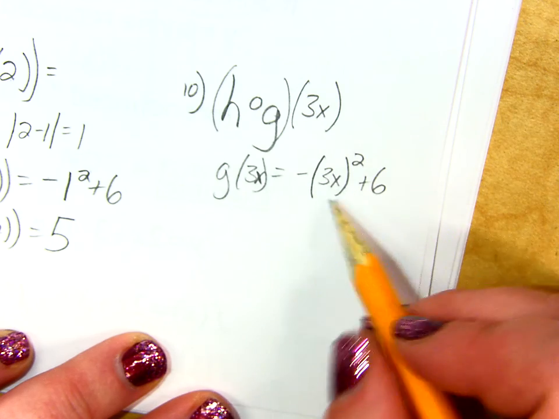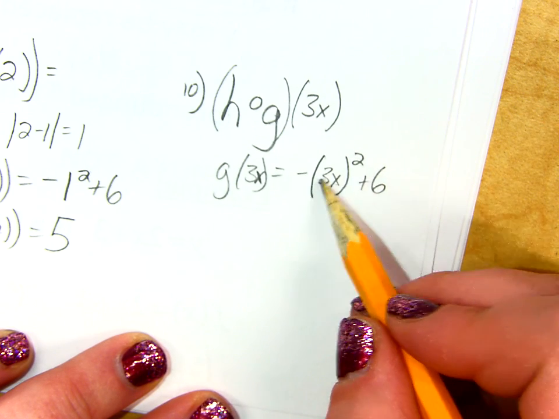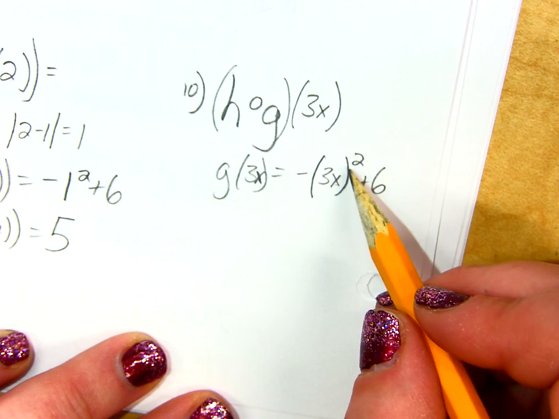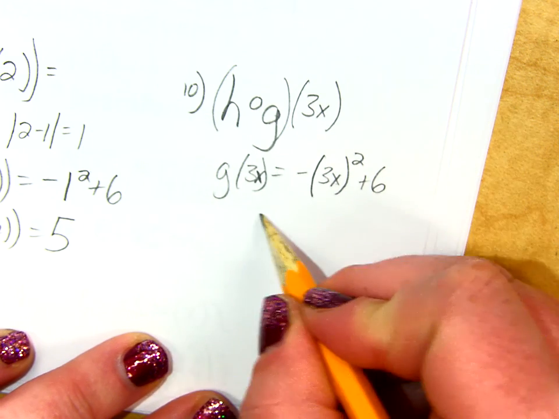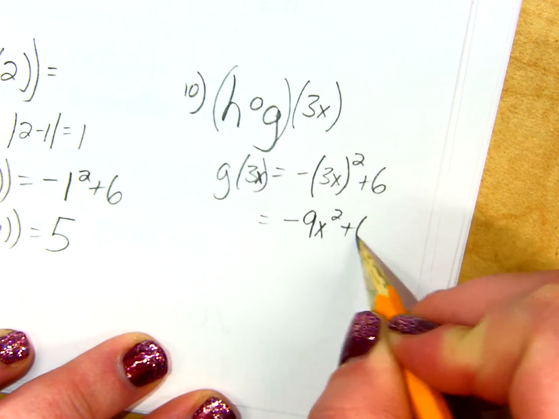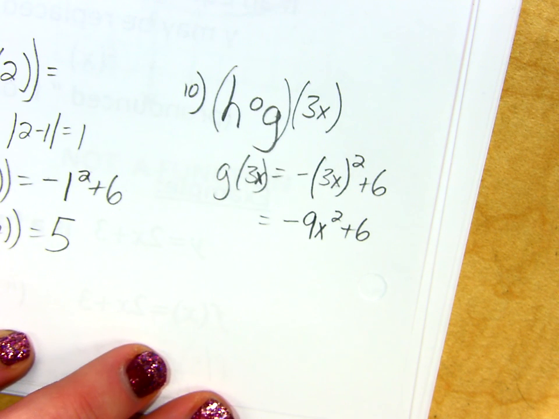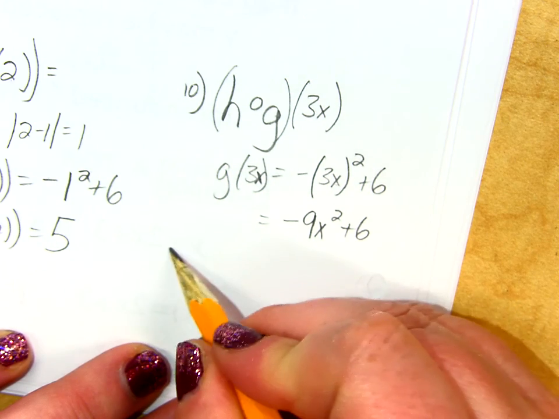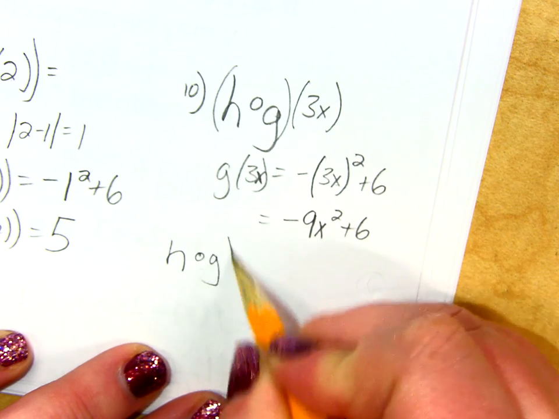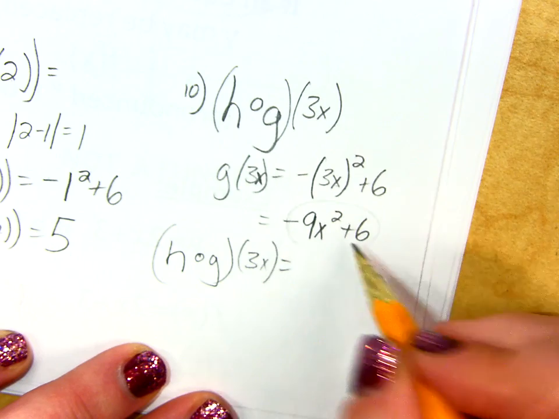And now I have to evaluate. So I need to do 3x squared. So that's really 9x squared, isn't it? And then I take its opposite. So I get negative 9x squared plus 6. So there's g of 3x. Now I need to take that entire answer and plug it into h. So when I do h of g of 3x, I should now take this whole thing, put it into h.